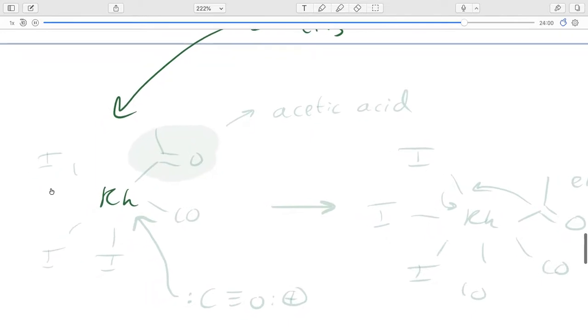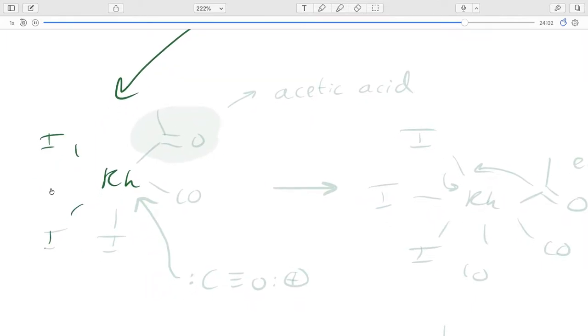So we've got rhodium, 3 I's, now we have CO, and aha, look at that. This is where our acetic acid is going to come from. Or rather, at least it's the beginnings of such.